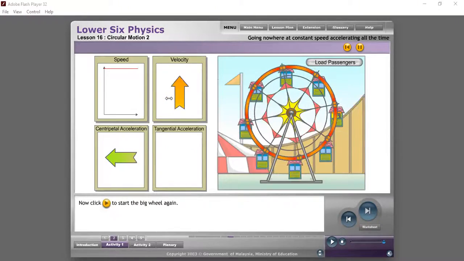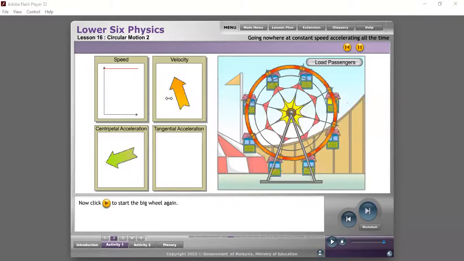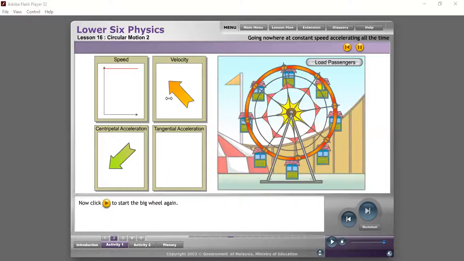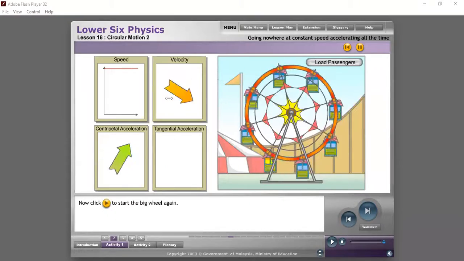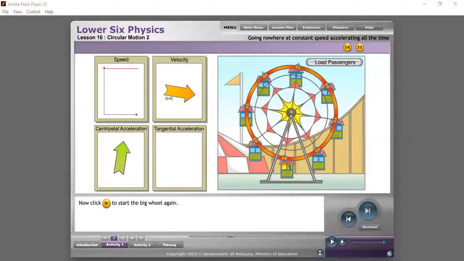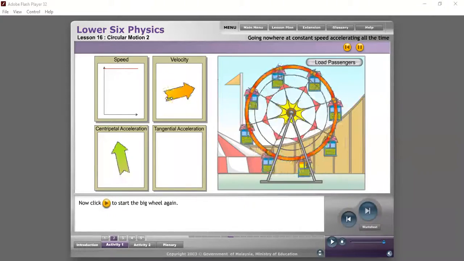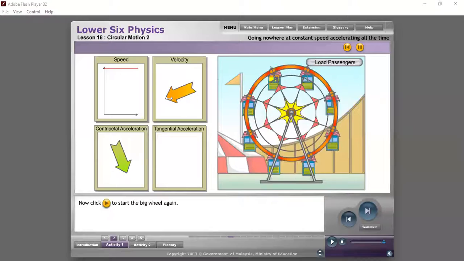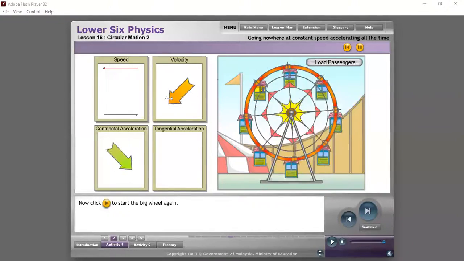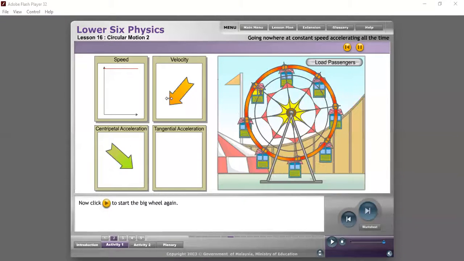There will be a little bit of difference. Remember this: when there is an increase in the speed, the direction of the angular acceleration is opposite. If there is a reduction, they will be in the same direction.